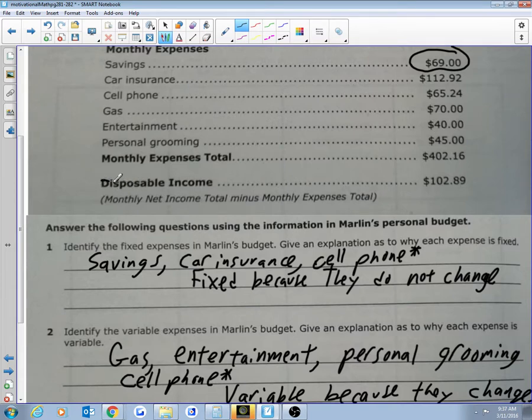Disposable is just after taxes, according to what I found online. So this is actually what we call discretionary. That means you can use it at your discretion. You can use it to buy shoes or buy anything else because you don't have to use it on bills or necessities. So it's called discretionary income.